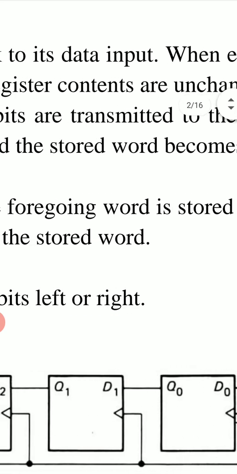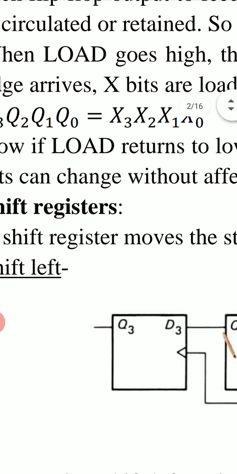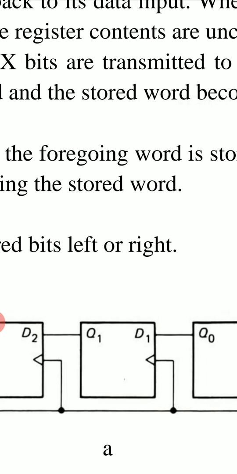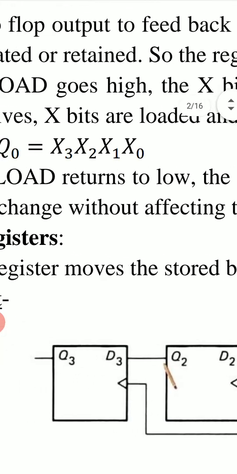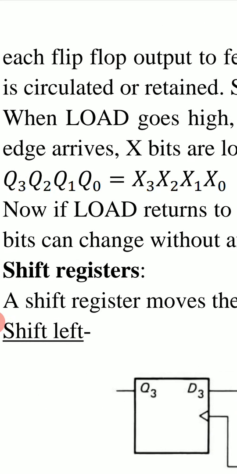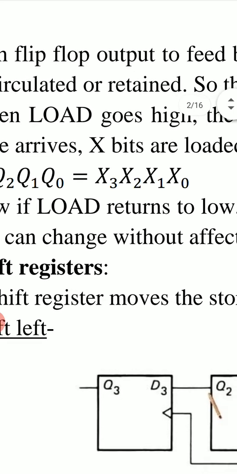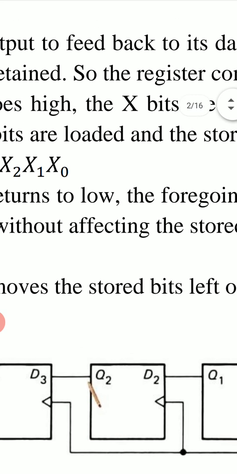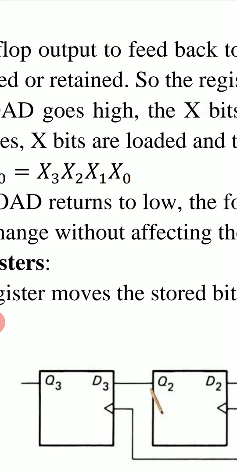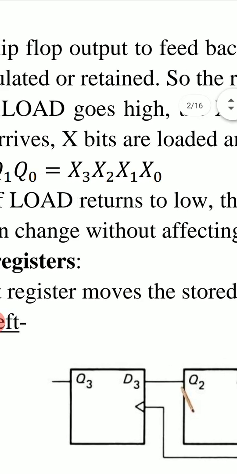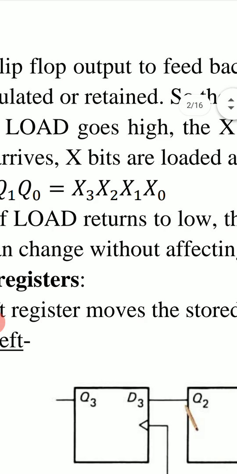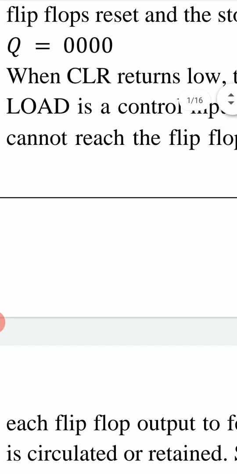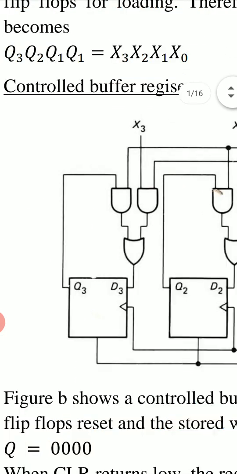This means that the X bits can change without affecting the stored word. Once this word X3, X2, X1, X0 is stored, and now if load goes to low, then this word remains stored in it indefinitely, because when load goes to low, the output will not change. This is how this controlled buffer register works.